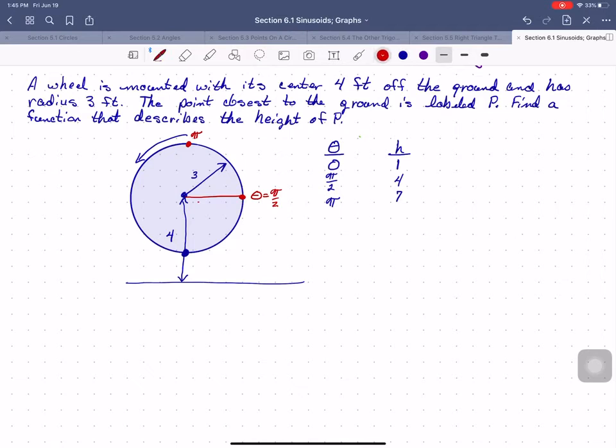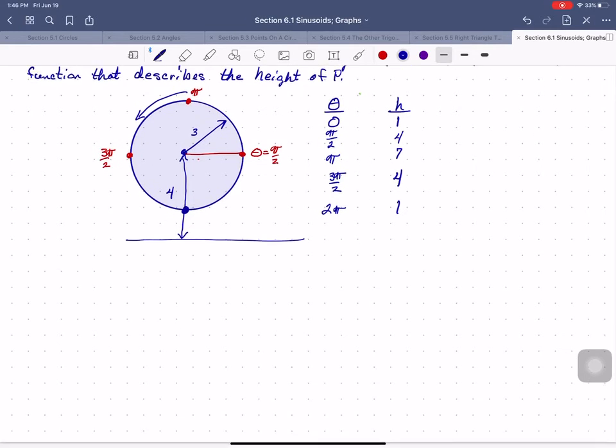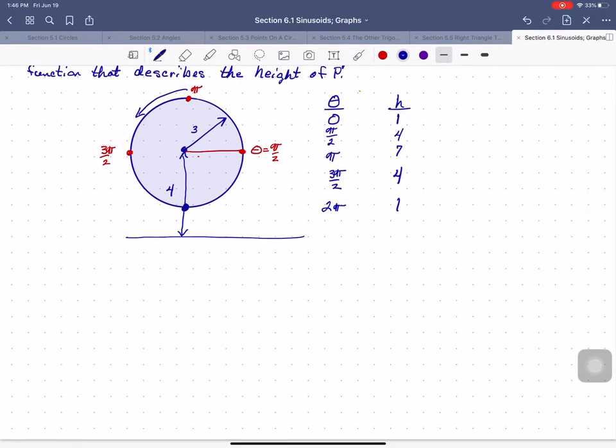And if I were to keep going around, when I get to this point, I will have rotated 3 pi over 2 units, and my height is again going to be 4. And if I go 2 pi, I get back to 1. So sketching a graph of this, just make an XY plane.